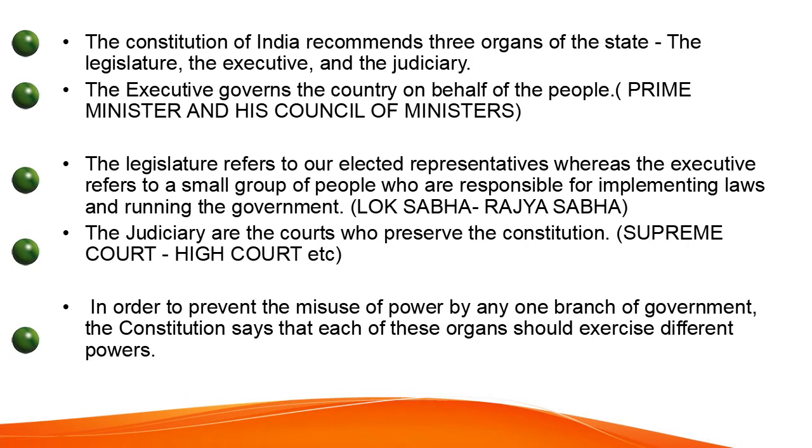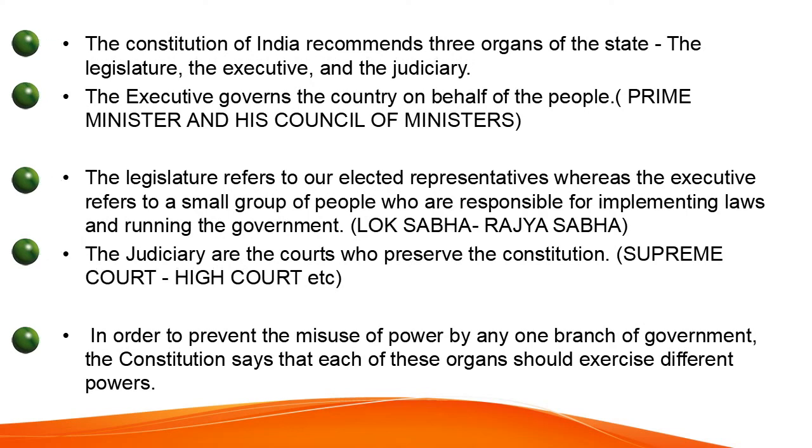The Constitution of India recommends that there be three organs of the state: the legislature, the executive, and the judiciary. The executive governs the country on behalf of the people. They are the decision makers. You have the Prime Minister and his Council of Ministers. The legislature refers to our elected representatives.